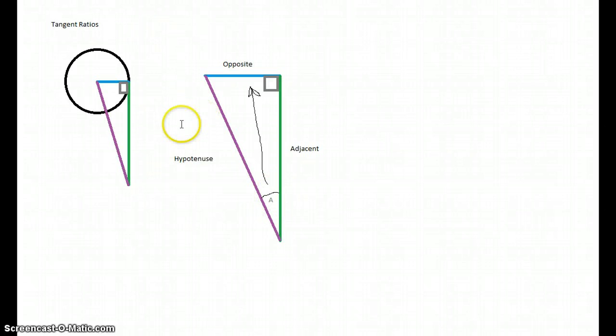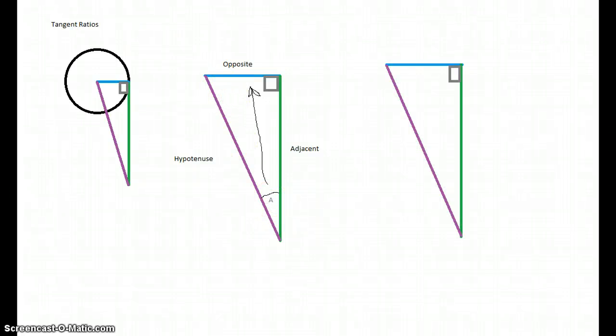Now, if I were to change this up, let's say rather than this angle right here, I want to find this angle. Let me go ahead and draw my triangle again. So this time I want to find this angle up here. The hypotenuse is going to stay the same. That never changes. It's always going to be what's across from the right angle. But now, dealing with this angle right here, I'm going to go to the side that's opposite it.